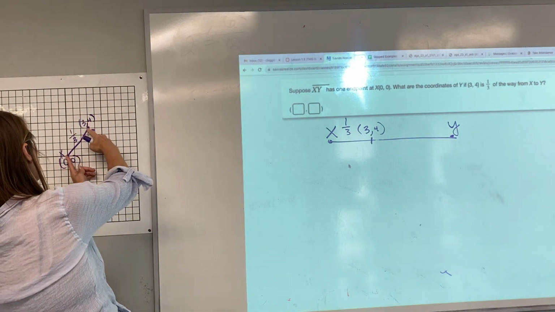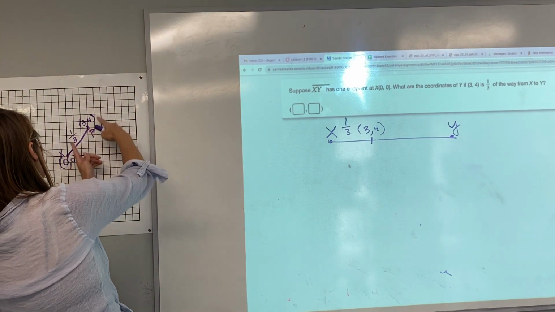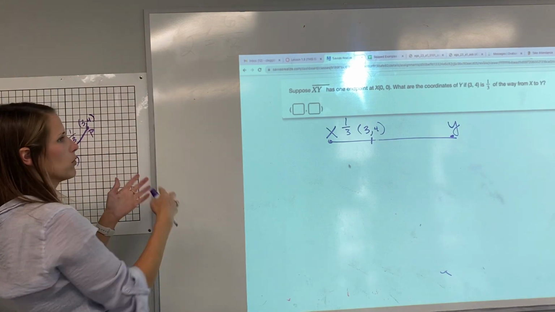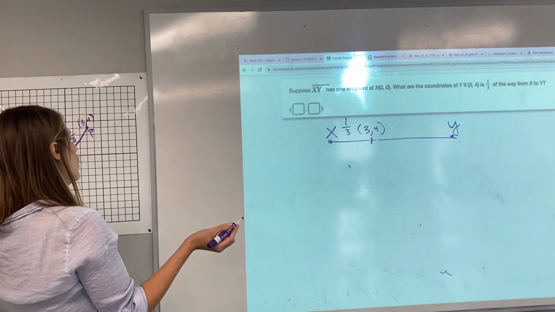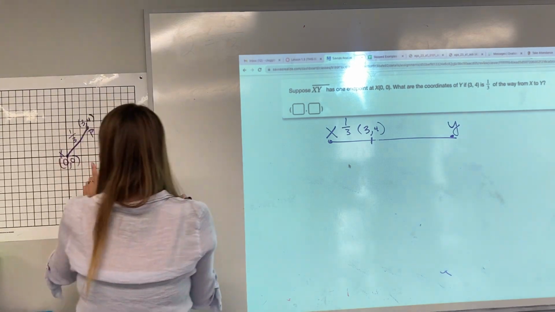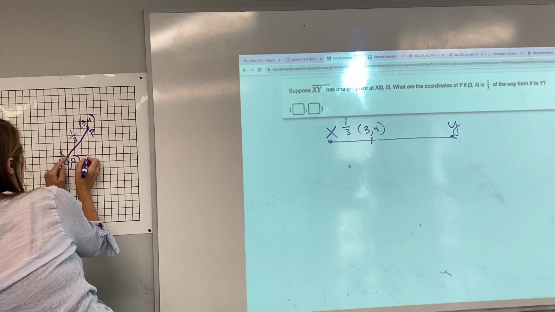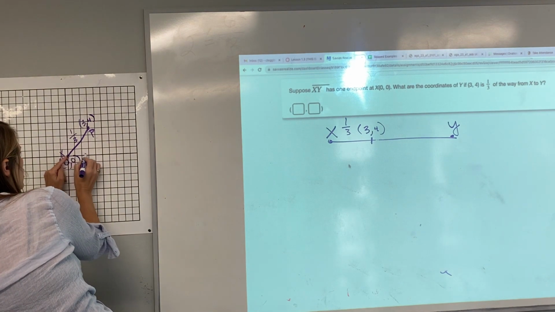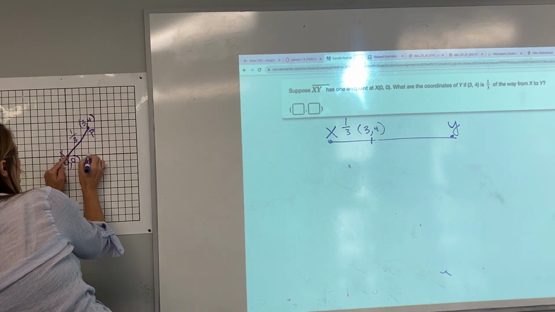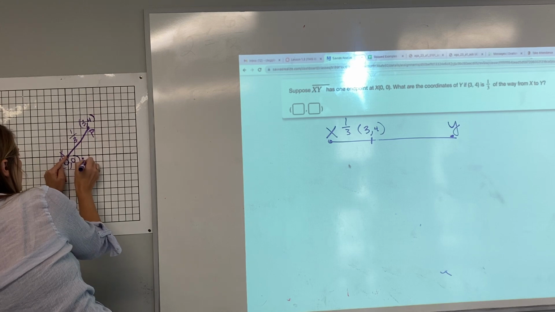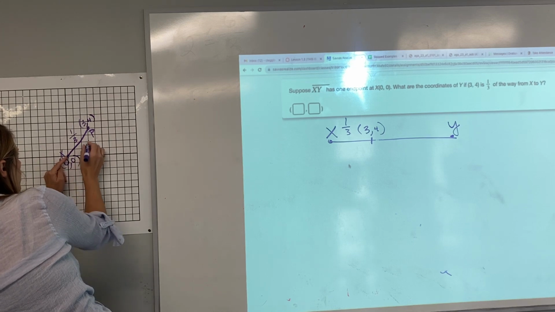If this is 1/3, you're going to need 2 more of those to make the whole thing, right? So if we can find our distance from here to here, and then here to here, which would be (3, 4).